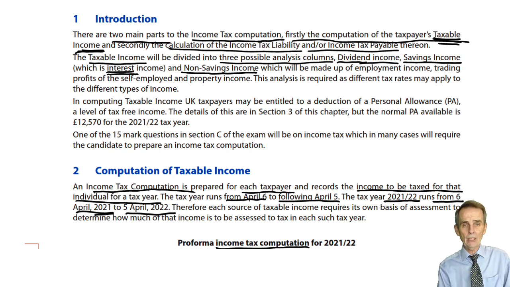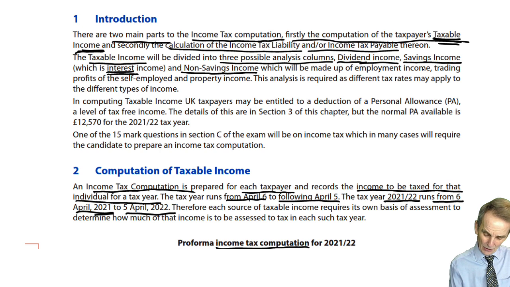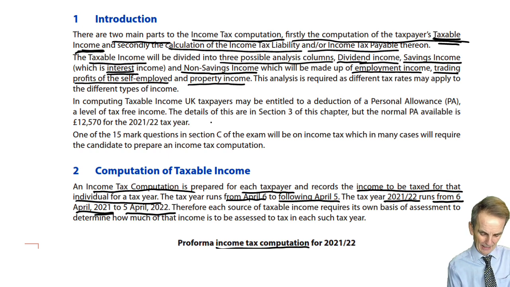Another form of investment. You had quite a lot of money, and you've used that to buy a property that is then let out. And that therefore provides you with property income. So we've got non-savings income: employment income, the trading profits of the self-employed, and property income.